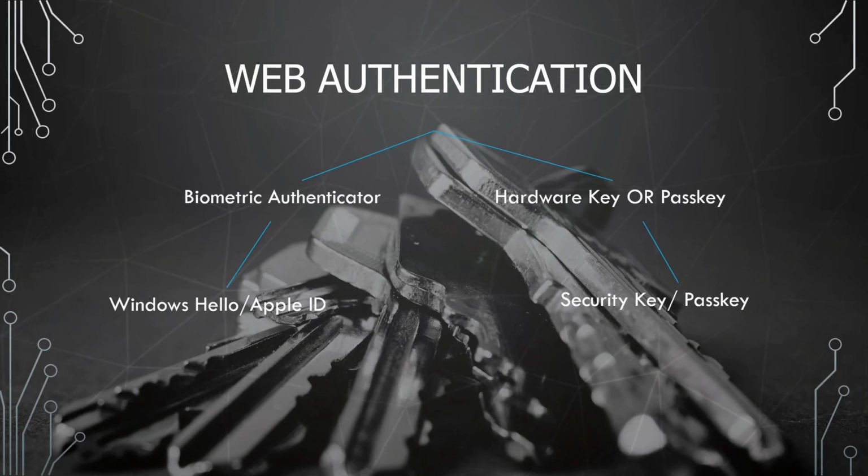Based on different factors, you may see different options for biometric authenticator, but in general, you would get Windows Hello and Apple ID based authentication under the biometric authenticator, and under the hardware key or passkey based authentications, you would see a security key as one of the options to authenticate, or using a passkey.